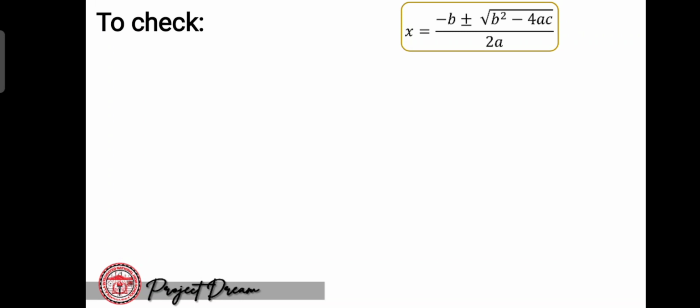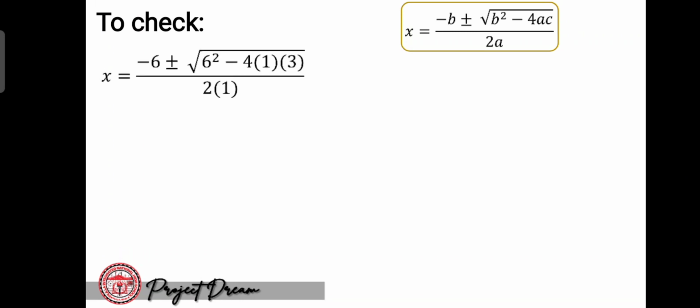Since we have the values of a, b, and c, let us substitute them into the quadratic formula. So, it becomes x is equal to negative 6, either positive or negative square root of 6 squared minus 4 times 1 times 3, all over 2 times 1.